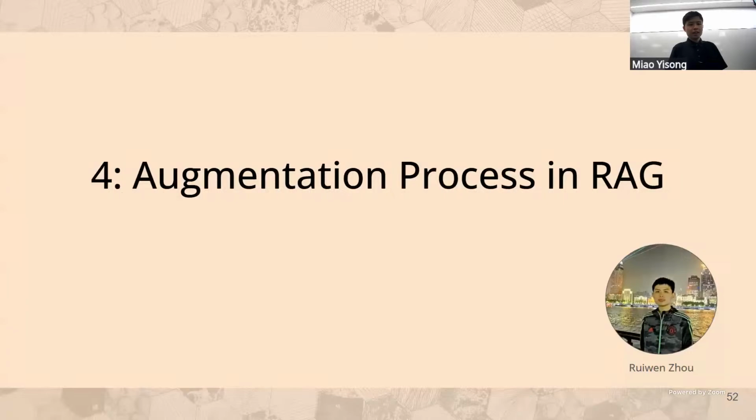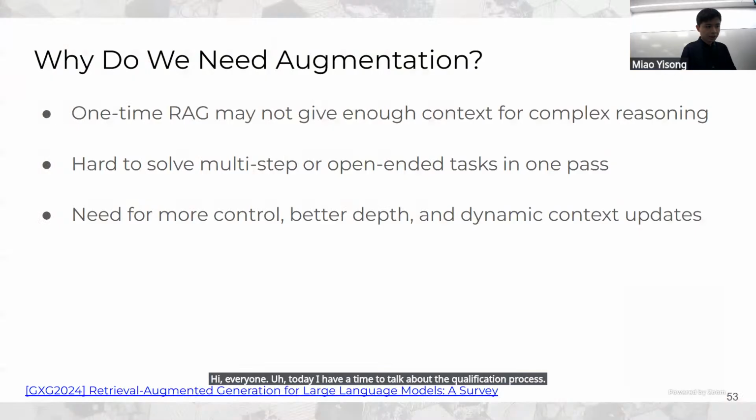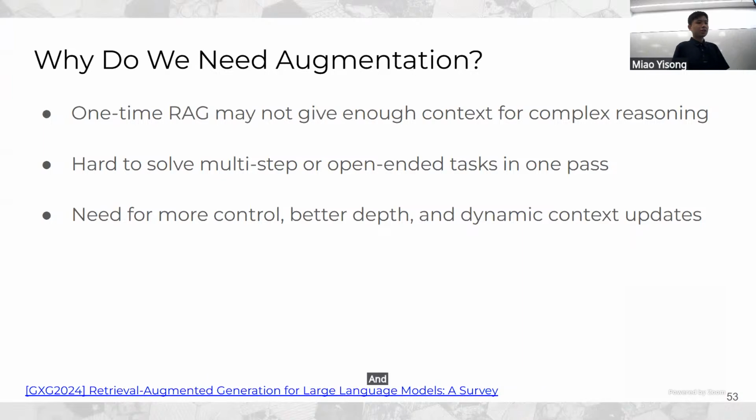Hi everyone. Today I'm going to talk about augmentation process in RAG. And first, let's discuss why do we need augmentation. As we have seen from previous lectures, the vanilla one-time RAG performs quite well in many scenarios.